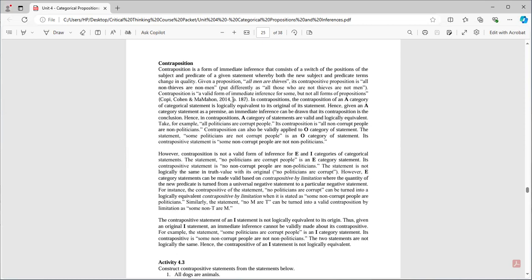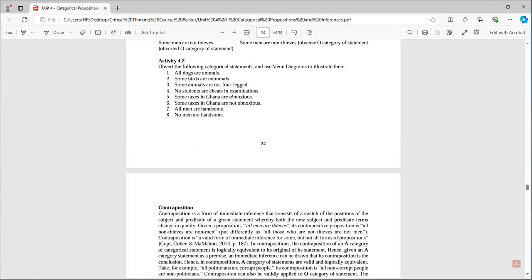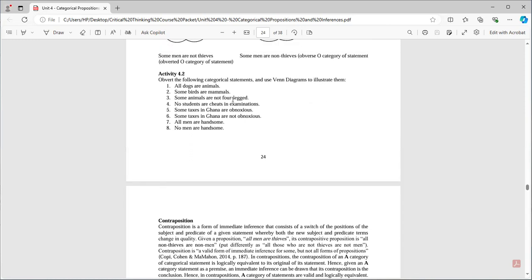Some men are thieves, some non-thieves are not non-men. And then the last one, some men are not thieves, some non-thieves are non-men. They are all the same. So for contrapositive, it's the same for all of them. When you turn it upside down and negate it, it is valid.